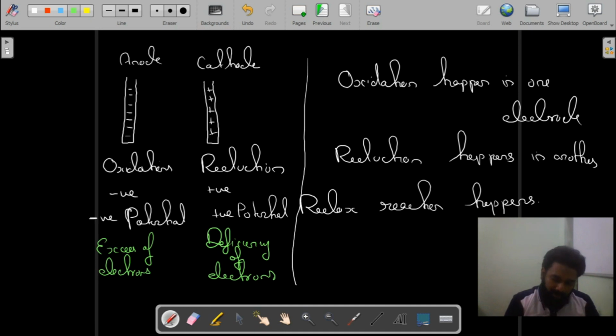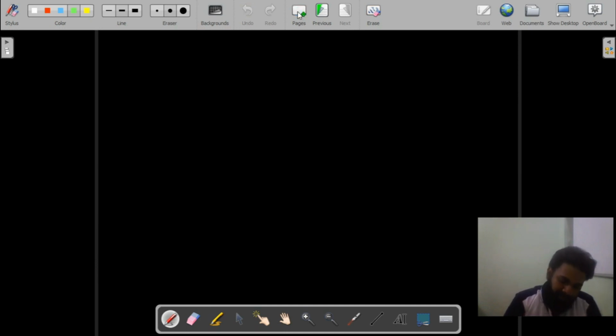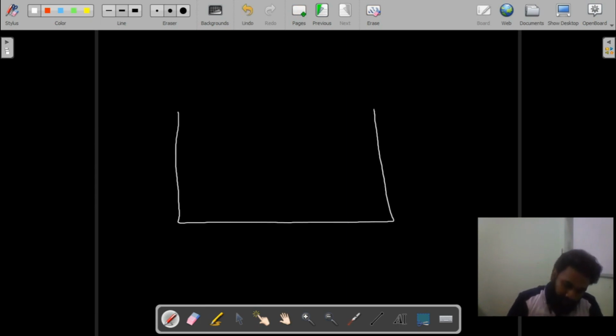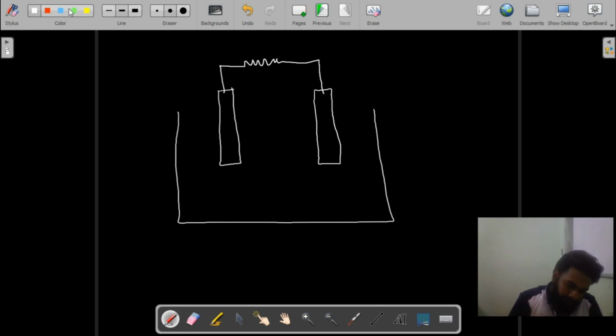Now we will come to the full picture and explain. Suppose this is a cell, one electrode which is the anode, another is the cathode. We have connected our resistance also into this. Now the electrolyte is there.